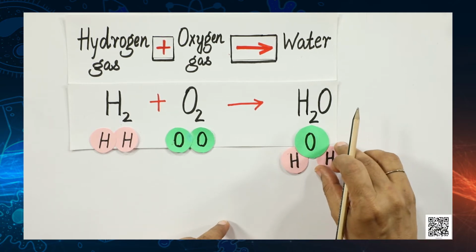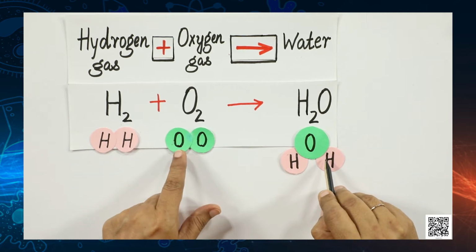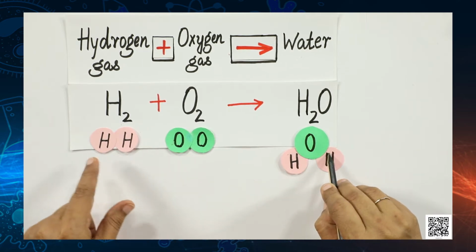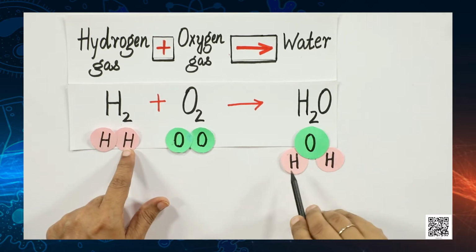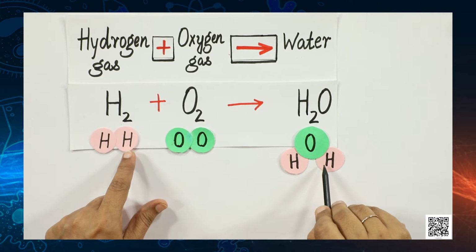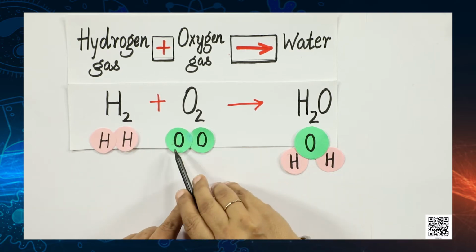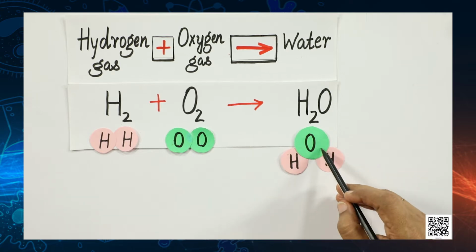Now, again let us count and compare the number of atoms of hydrogen and oxygen on the left hand side and right hand side. Okay. So, here we go, hydrogens 1 and 2, and on the right hand side 1 and 2. Are you counting with me? Okay. And oxygen on the left hand side 1 and 2, but on the right hand side only 1, and we now need to balance this.